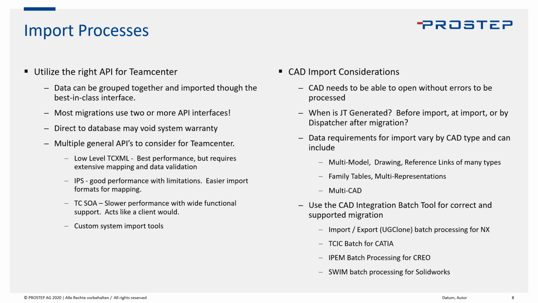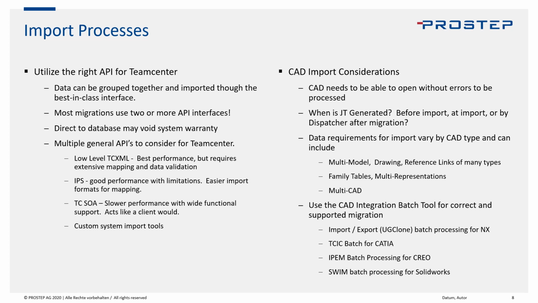So you might need to identify and be able to provide and commit to the database these different reference links: multi-model links, drawing links. Could be design tables, family tables, different representations, or even multi-CAD. And making sure that we've got the right relationships and dependencies between the different CAD data sets when they've been imported. In general, in order to get functional CAD, you want to use the CAD integration batch tool.